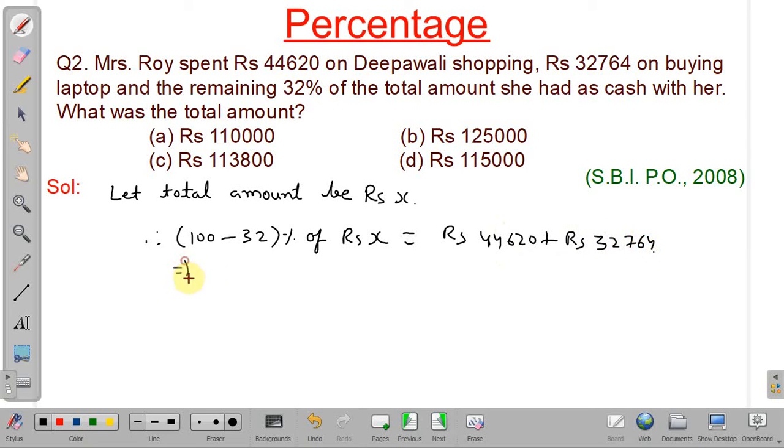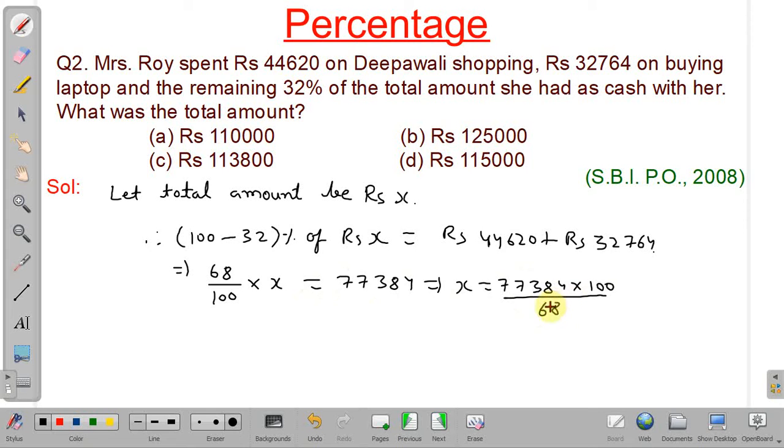Okay, so we will get 68%, that is 68 by 100 into x, equal to, when we add, 77,384. So from this we can calculate x as 77,384 into 100 divided by 68, and it will be equal to 1,13,800.